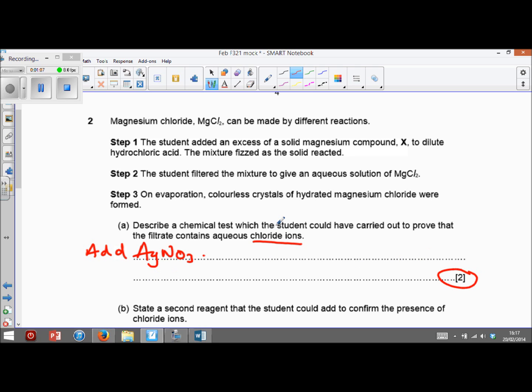This is where people now drop the mark. People did this but didn't state what you would see. If you've got 2 marks, you need to put 2 points. The next point would be that you would see a white precipitate, the second mark. You'd have to state an observation and also what you would add to get those full 2 marks.